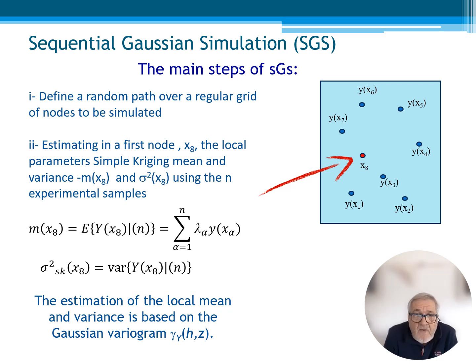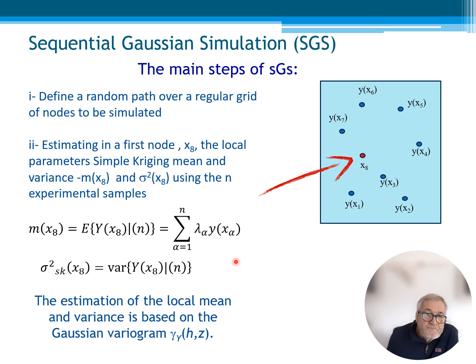So let's summarize the main steps of sequential Gaussian simulation. First, define a random path over a regular grid of nodes to be simulated. It's a classical procedure in all sequential algorithms. Then estimate, at the first node, the local parameters, simple kriging mean and variance, using the n experimental samples.